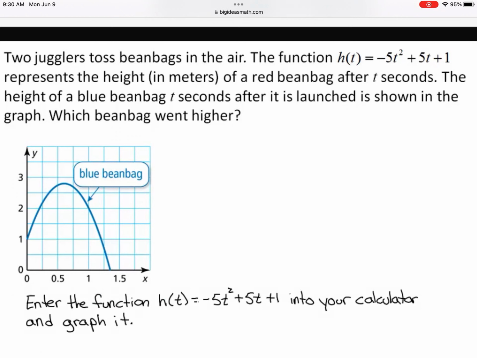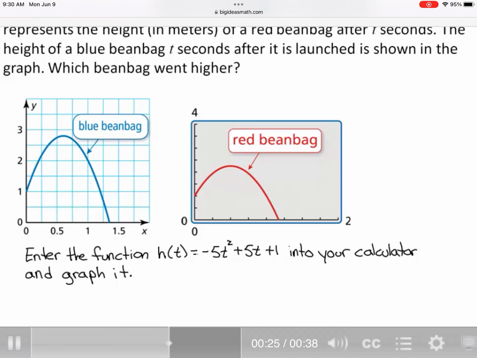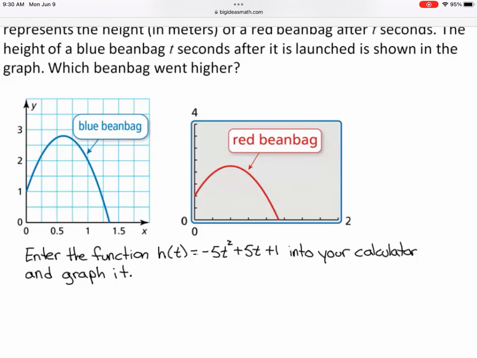First enter the function h of t equals negative 5t squared plus 5t plus 1 into your calculator and graph it. Notice that the blue beanbag reaches a maximum height between 2 1/2 and 3 meters. Notice that the red beanbag reaches a maximum height between 2 and 2 1/2 meters. So the blue beanbag went higher.